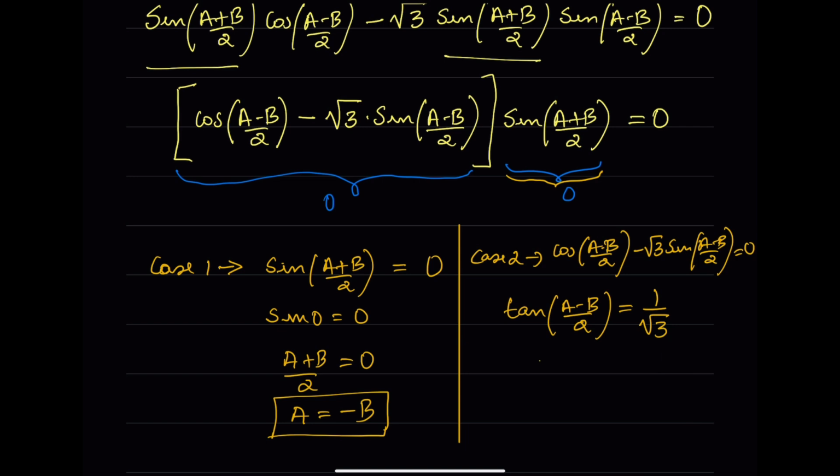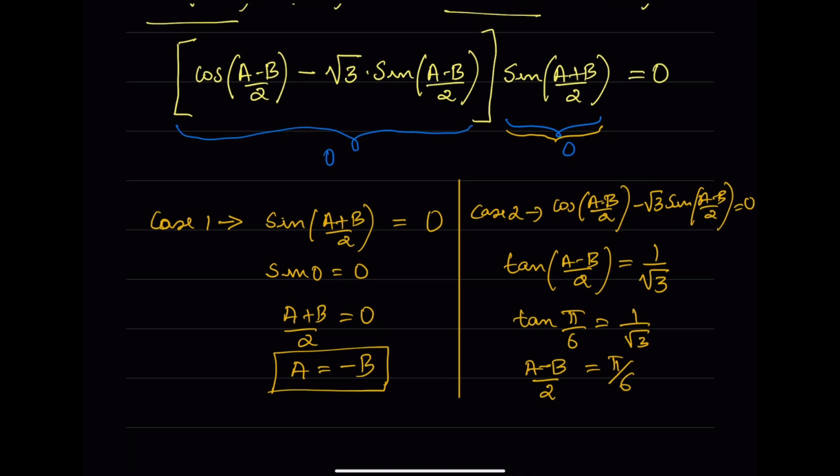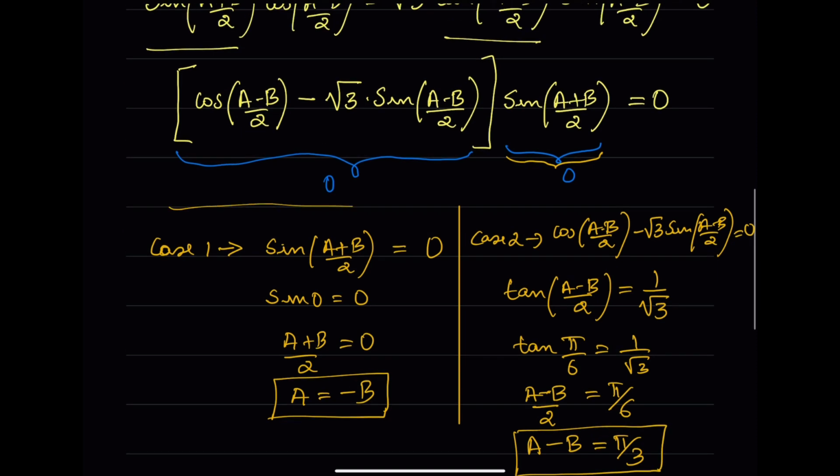So tan 30, or pi by 6, is equal to 1 by square root of 3. So that means when A minus B by 2 is equal to pi by 6, or when A minus B is equal to pi by 3, in these two cases, this equation will be equal to 0.